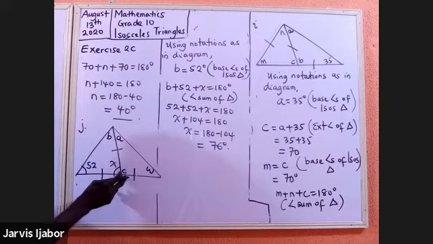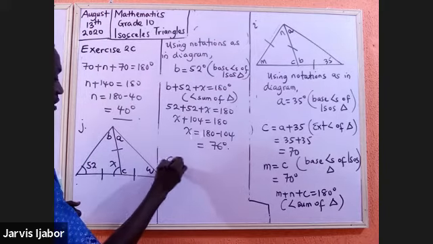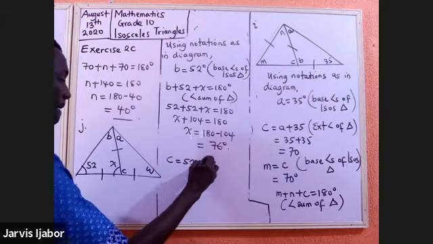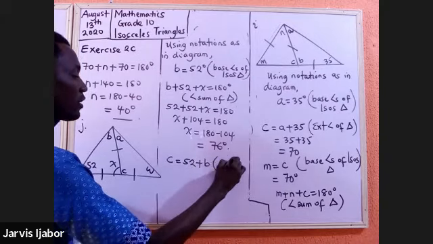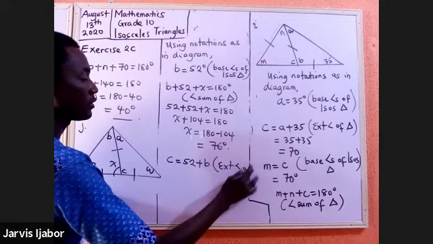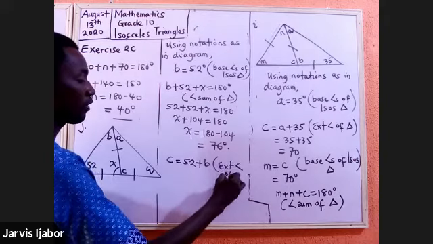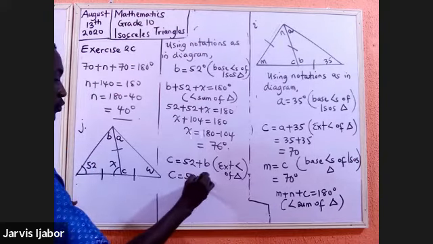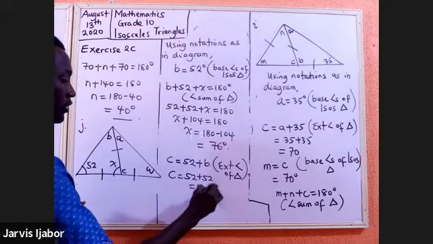we can get C. C is equal to 52 plus B, exterior angle of triangle. So C will now be equal to 52 plus 52, which will give you 104 degrees.